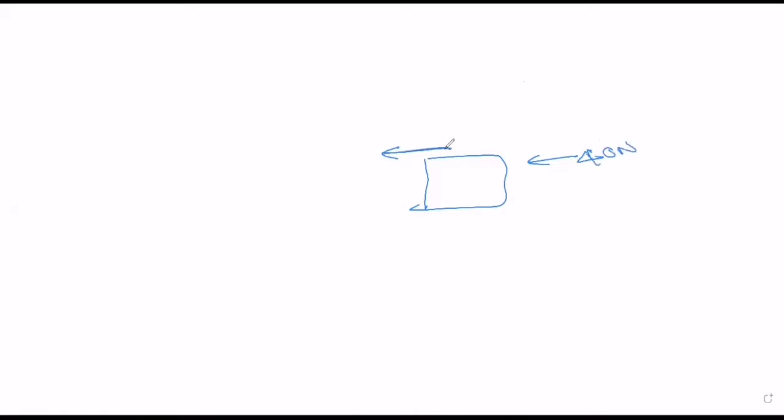Already this cart is moving with velocity v, with some velocity it's moving, and I'm going to add another 40 Newton to that cart. Now tell me, children, what would happen? Already this cart is moving, and again I am giving it 40 Newton force, that means I'm going to push the cart.